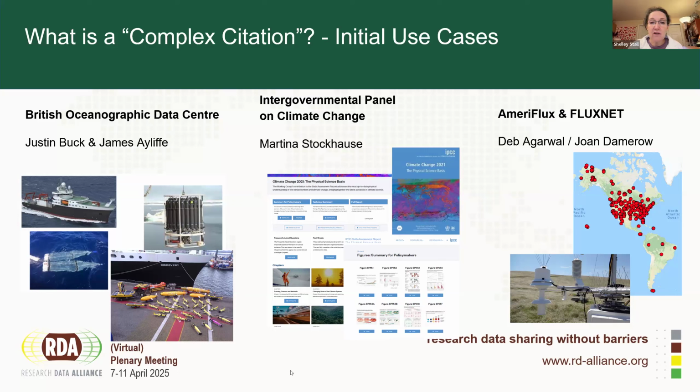And AmeriFlux, FluxNet, in some ways Deb Agarwal, and now as Deb has, well, she's still involved, but has moved on a little bit, and Joan have represented the very broad FluxNet towers across the US and worldwide with all of FluxNet, and what it means to actually give attribution to the folks that are managing those flux towers for the many different research uses, and how do we actually cite the data that's used.